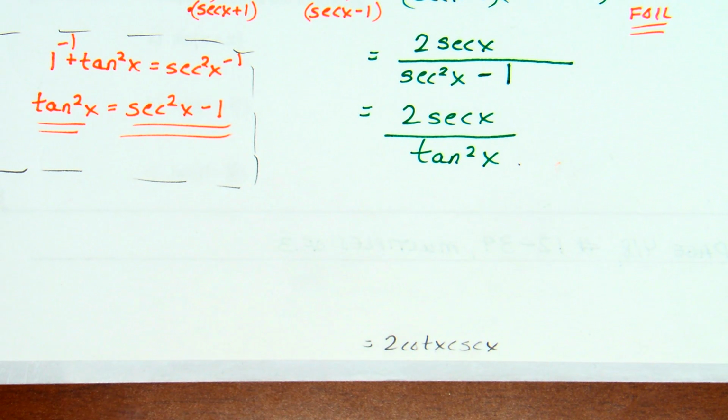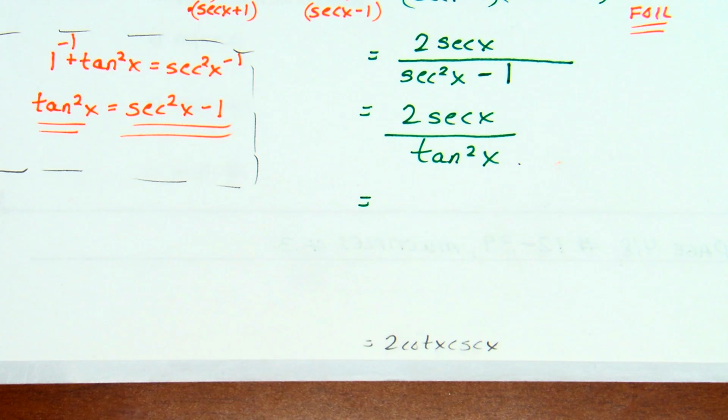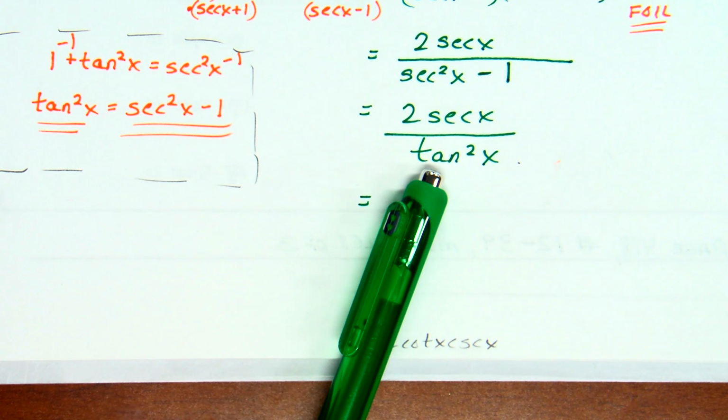So if I keep this as 2 secant x, the reciprocal of tangent squared is cotangent squared. That is an equivalent statement, and I can use the reciprocal identity because there's no plus 1 or minus 1. It's just that one function.